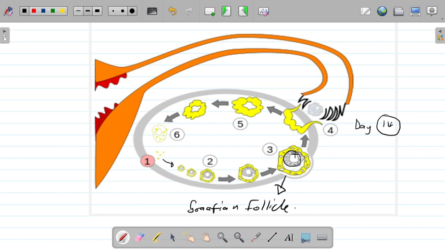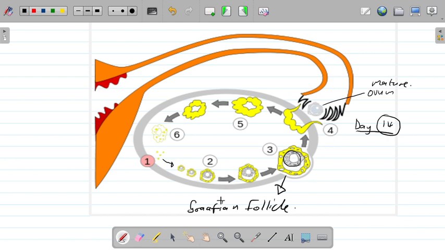It ruptures, bursts, and then it releases the mature ovum. Where? Day 14. With me?